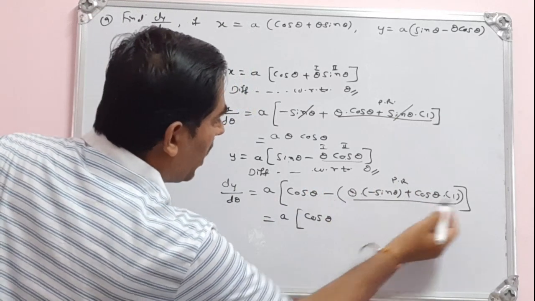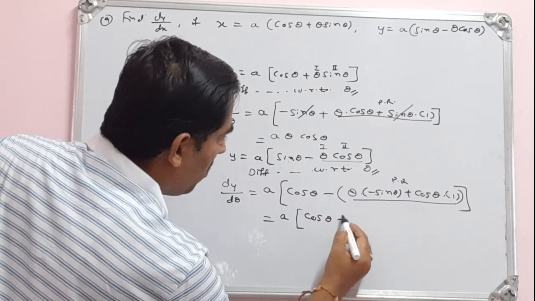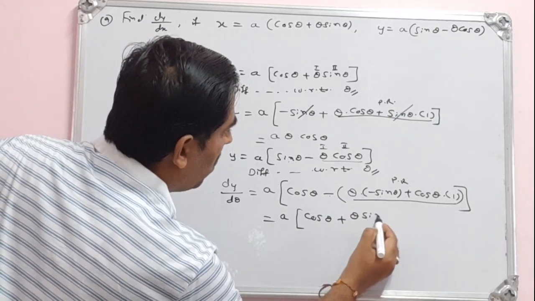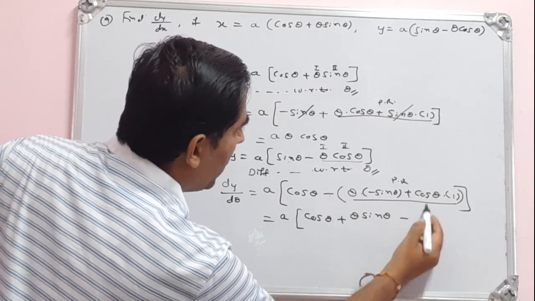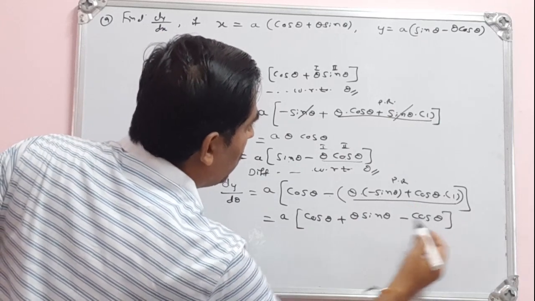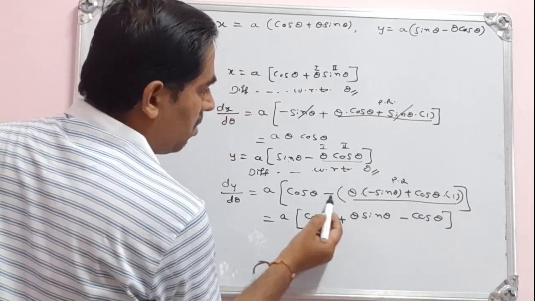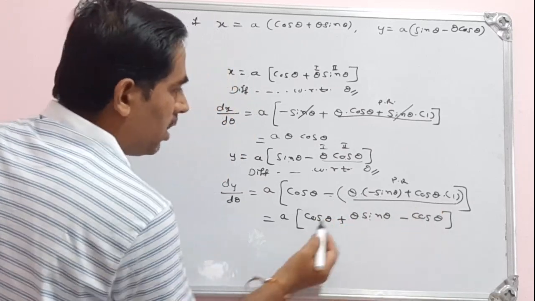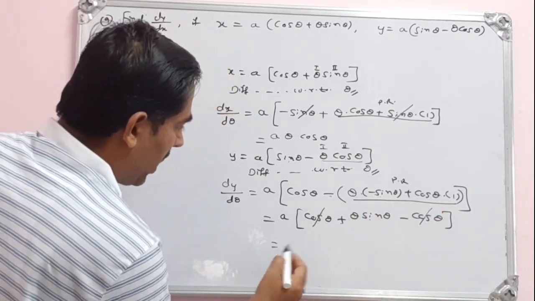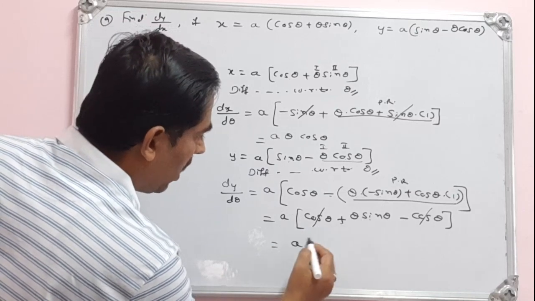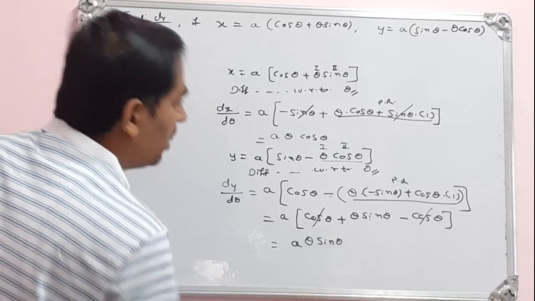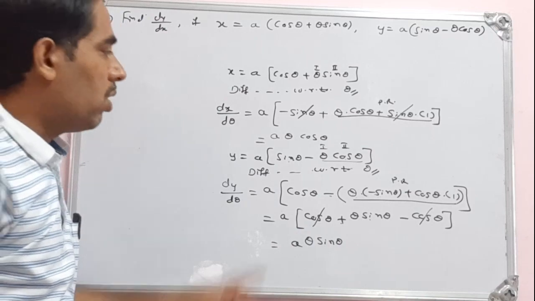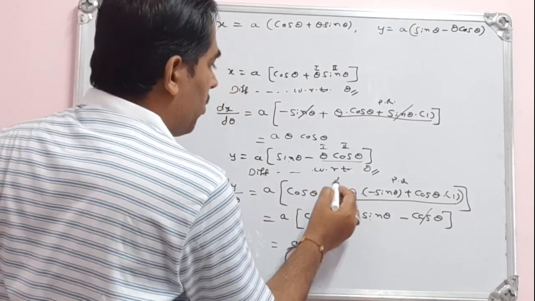Now I will remove this bracket. Minus into minus will be plus, so theta sin theta, then plus into minus gives minus cos theta. Then minus cos theta plus cos theta cancels. So a into theta sin theta. In this step we have to be very careful.